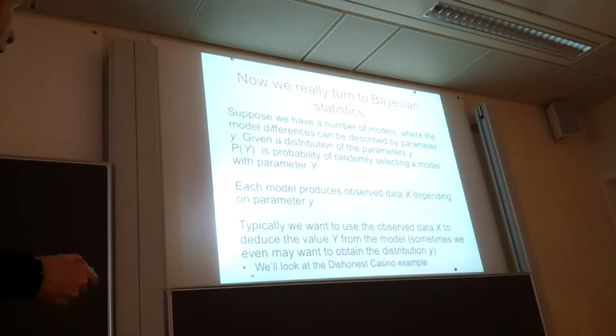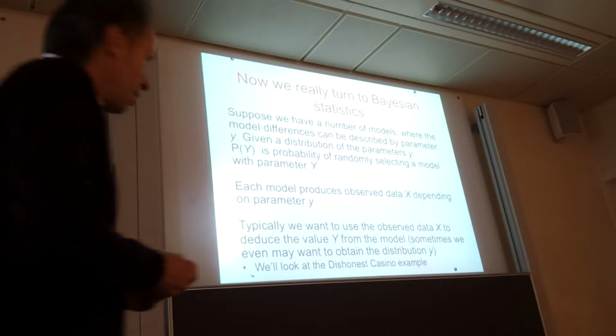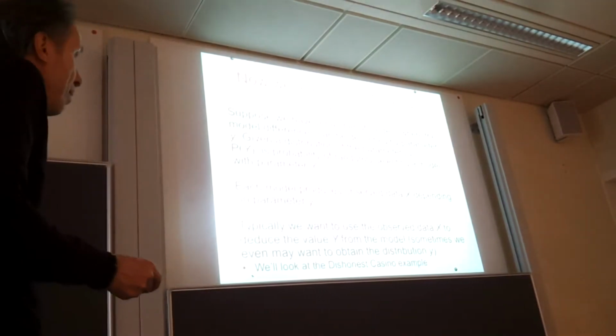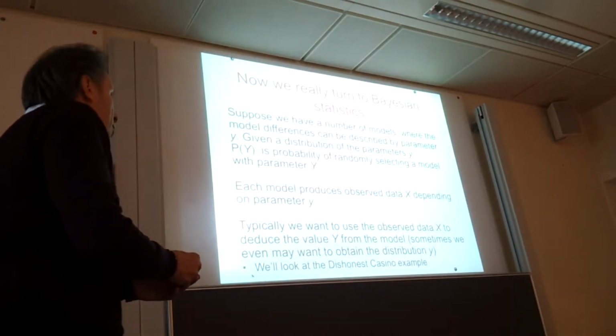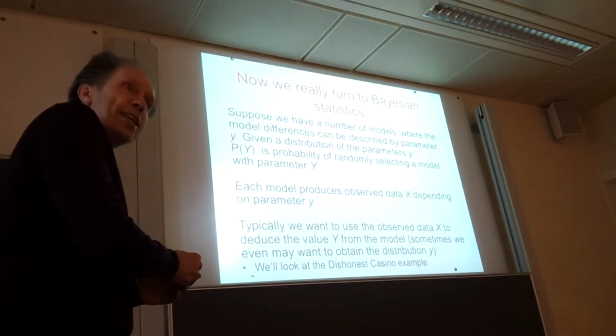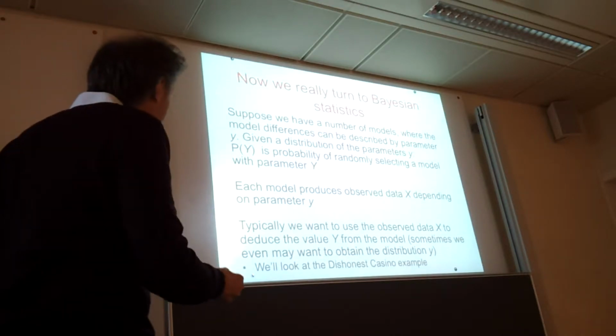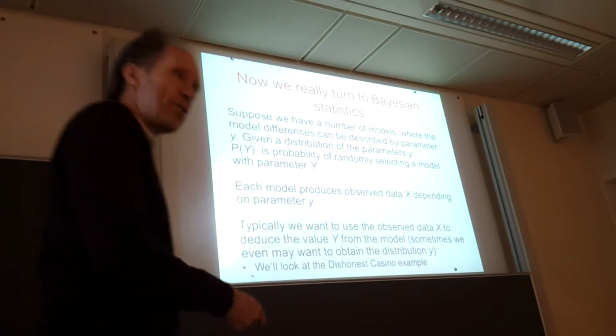These are the models Y. Each of these models has parameters, and each produces, as I said, some data X, the 100 numbers for each. Depending on whether it was the real die or the mental die, that will hopefully give rise to a different series. If not, then there's nothing you can do. And then you want to tell which is which.